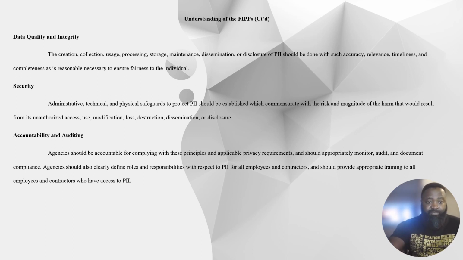And then security. Administrative, technical, and physical safeguards to protect PII should be established which are commensurate with the risk and magnitude of the harm that would result from its unauthorized access, use, modification, loss, destruction, dissemination, or disclosure.